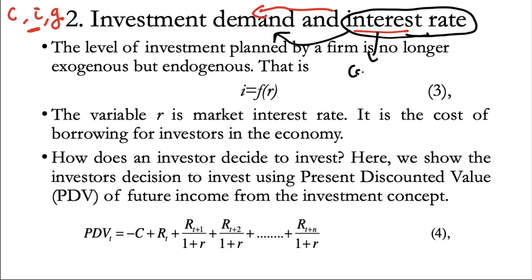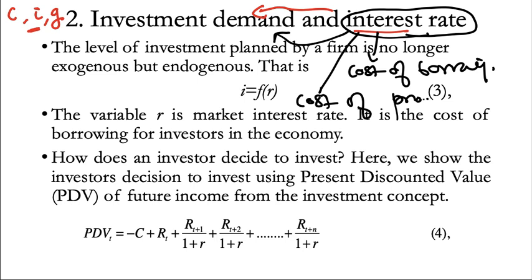It is the cost of borrowing. The cost of borrowing is the cost that they incur when they want to borrow money to produce goods and services in a country, or to produce output. As a consequence, interest rate here is actually the cost of production, isn't it?